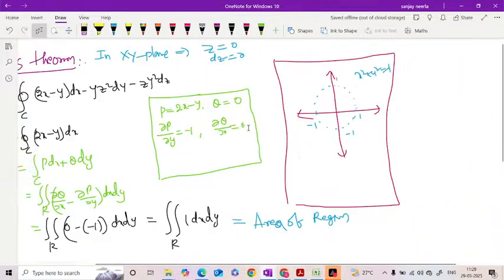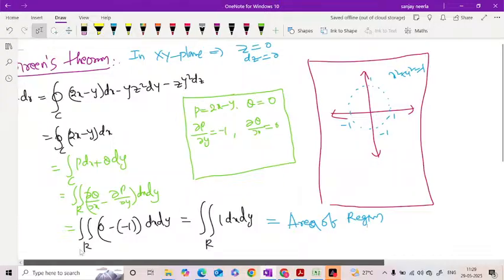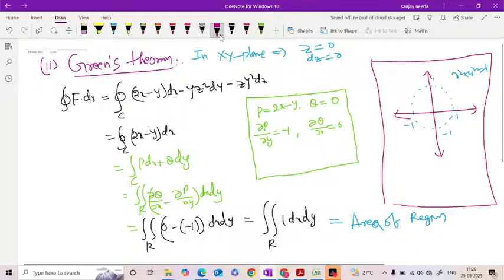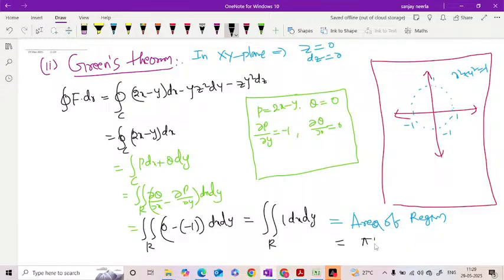But try to solve in two ways, by using the Cartesian form as well as the polar form. So pi into 1 square, the radius here is 1, so we get pi as the result. Okay, clear? So this is our second result by using Green's theorem.